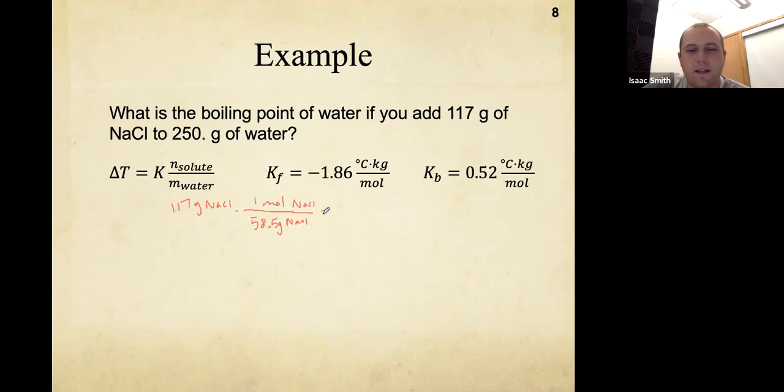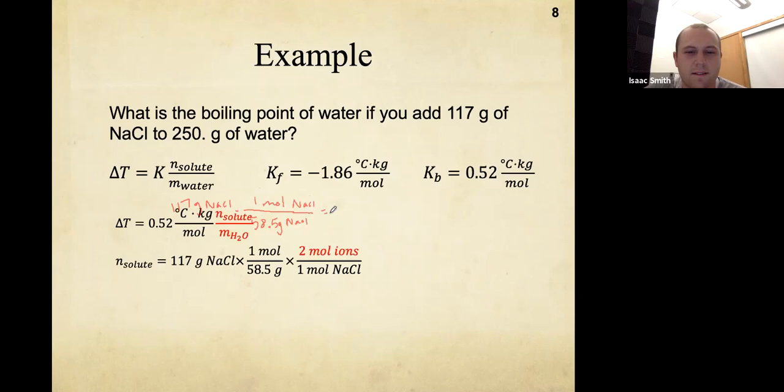That would give you the moles of sodium chloride that you add. You can do that calculation separately.